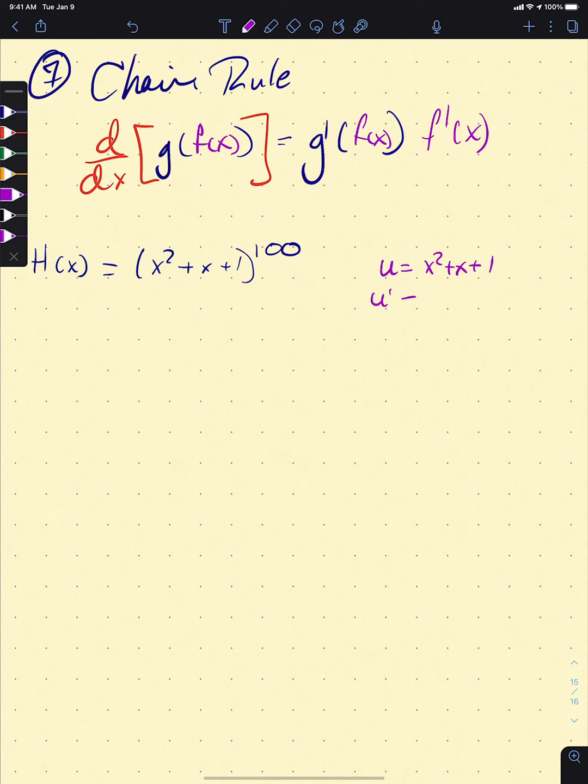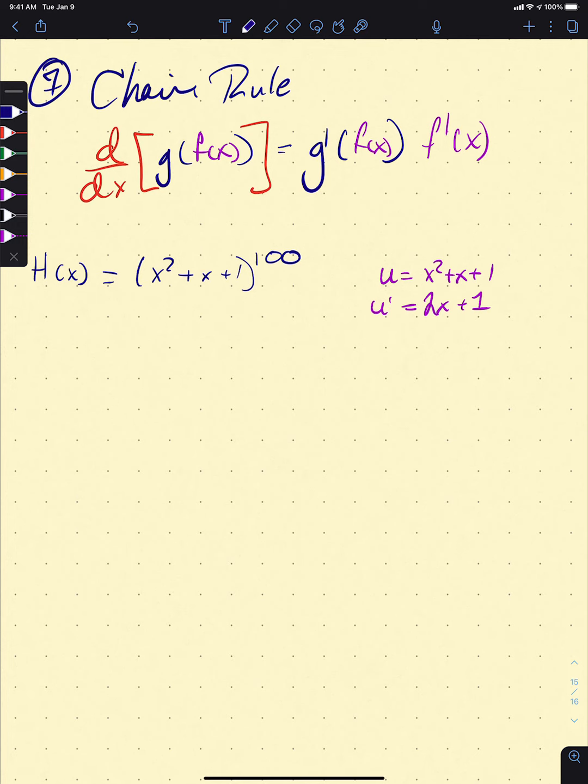Then u prime is 2x plus 1, right? So then h of x is u to the 100, right?